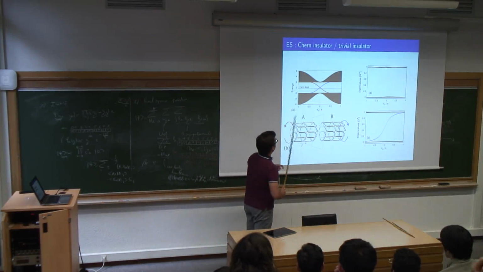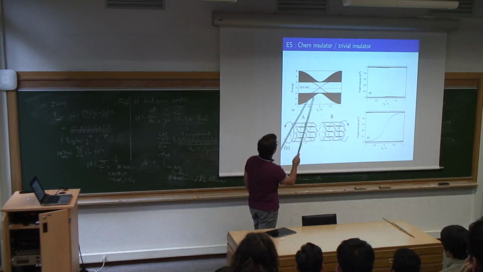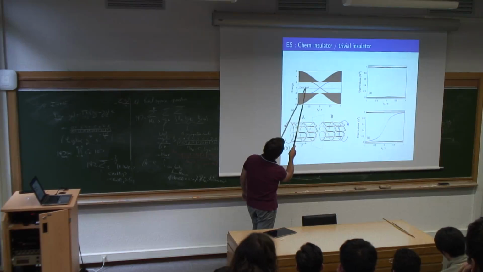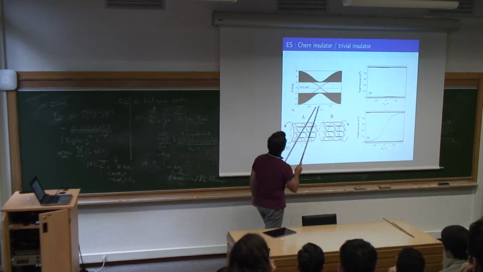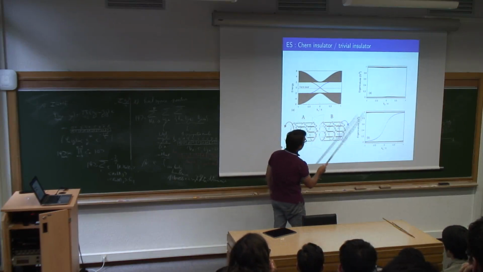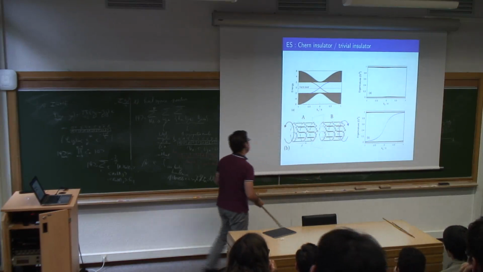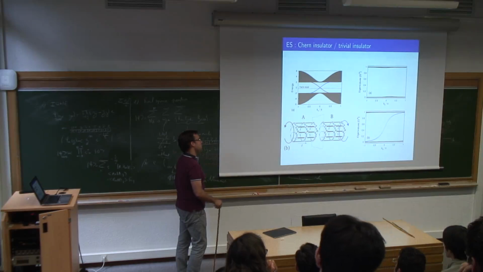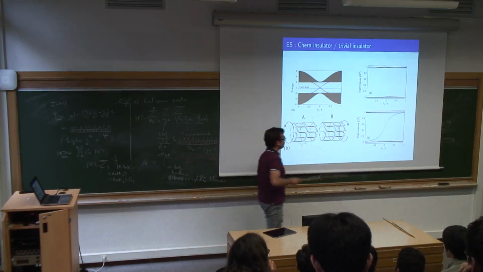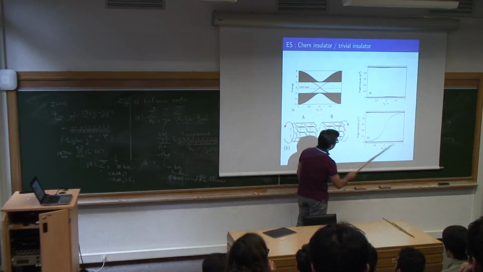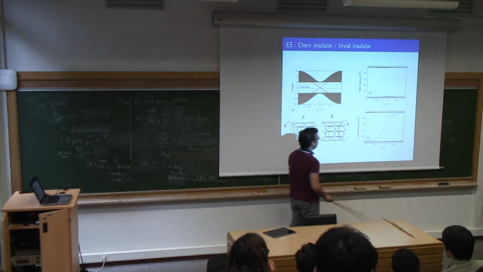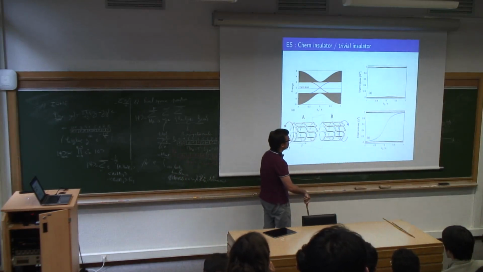Now, if you do the calculation, of course you have the edge here, so you have to define your Fermi level. But it doesn't matter, actually. If you do the calculation, not for the many-body spectrum, but for the one-body spectrum, this is what you get for the topological state.